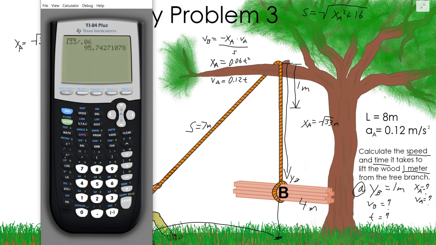Enter. We have to take the square root of that. So it's 95.74 and then 9.78.